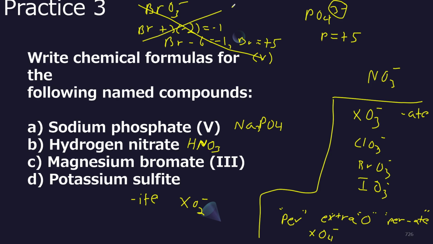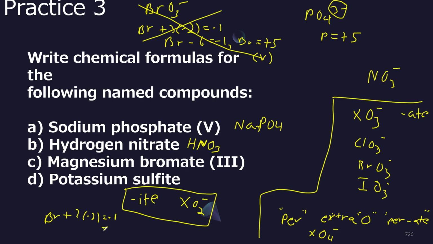This is a less oxidized version, so you're going to want to try that ite version, less oxidized one. And if you do try that though, Br plus only 2 oxygens, 2 times minus 2 equals, still has a charge of minus 1.